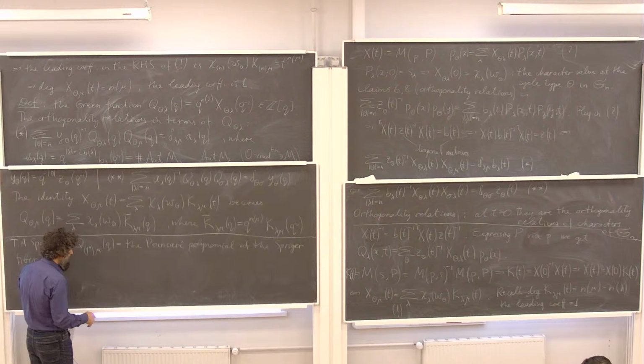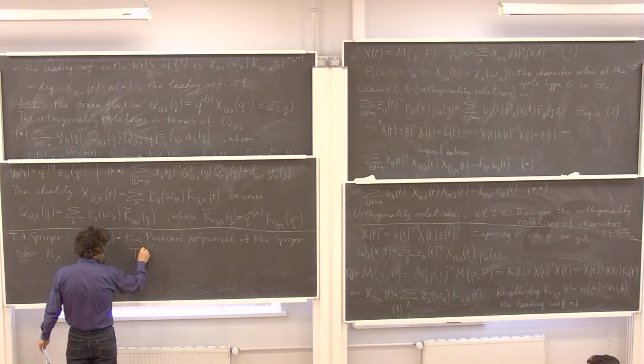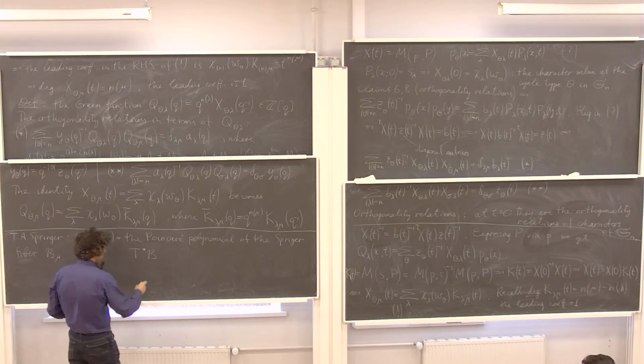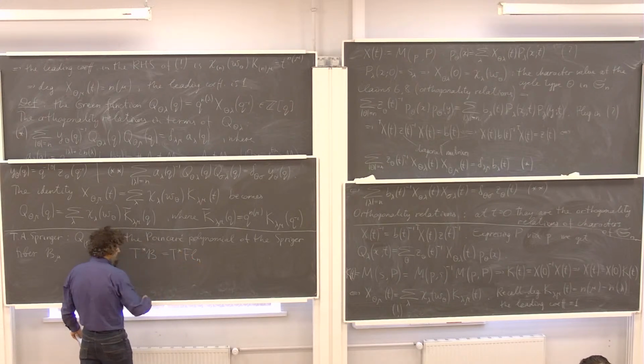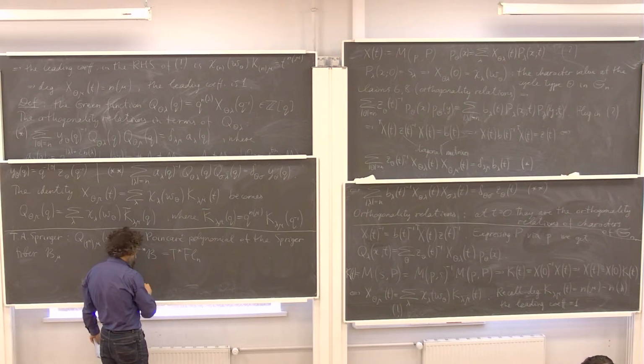I mentioned this a few times. Let me say it once again. We have the cotangent bundle to the flag variety of complete flags in n-dimensional vector space, say over complex numbers.